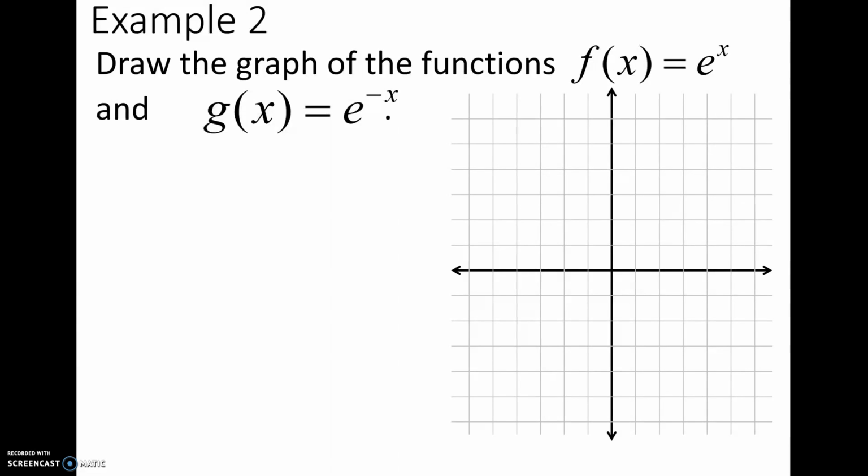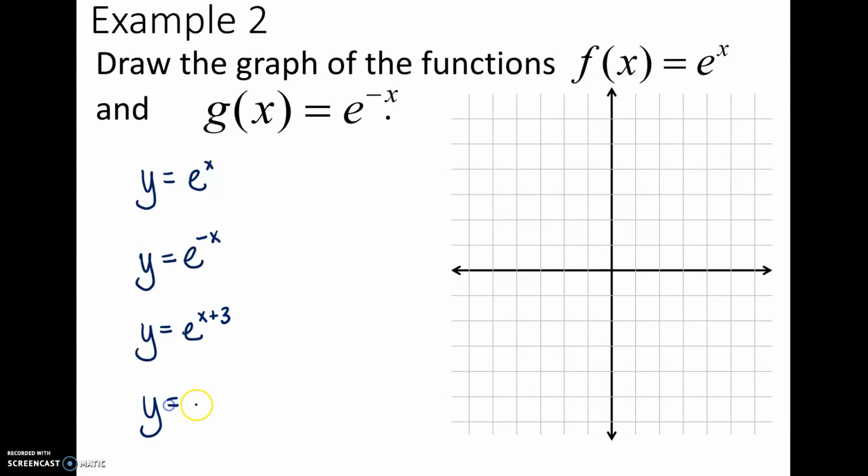Let's look at the graph of y equals e to the x. We'll talk about some of the characteristics, and then we'll talk about y equals e to the negative x and some of those characteristics. And then it's not in your notes, but we're going to talk about what would happen if it was e to the x plus 3, or what would happen if it was e to the x and then minus 5.